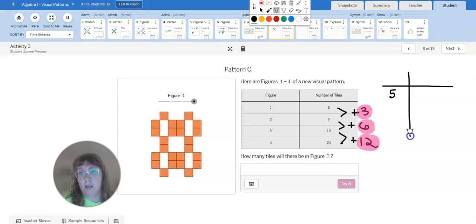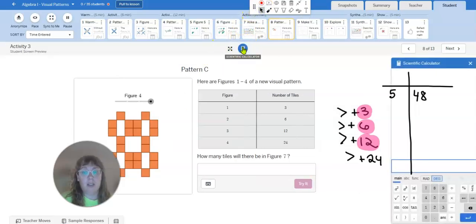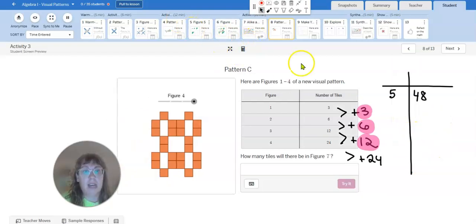Make my little chart. We have 12. So when we double 12, we get 24. 24 plus 24 is 48. And there's a calculator built in also if you need this over here, which moved everything. So I'm going to leave it like that for now.